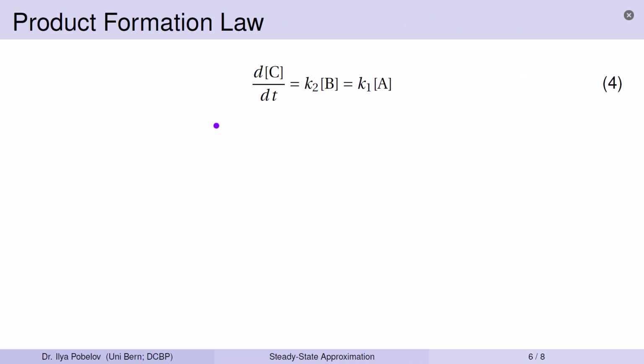When we substitute the value of concentration of B into the equation for the rate of product formation, we arrive at a simplified expression.